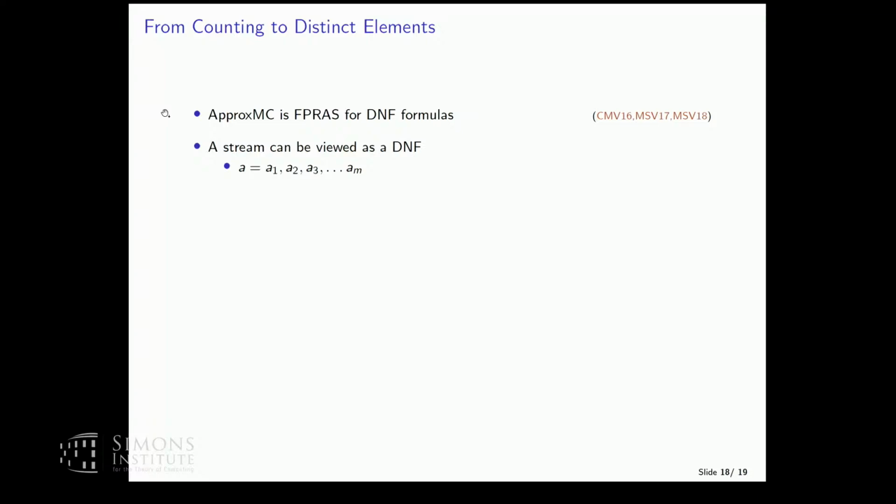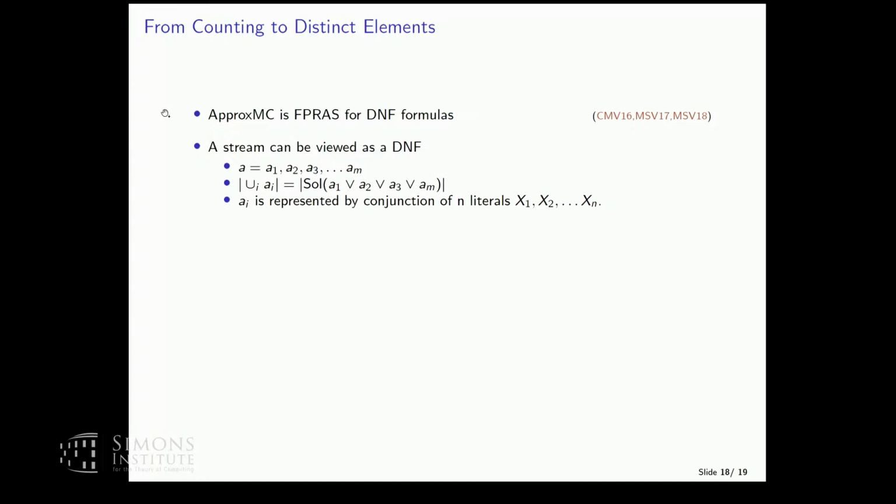Well, what is a stream after all? You get elements, and finally we wanted to compute the union of elements we see, the count of distinct elements we see, right? Union in logic is just disjunction.